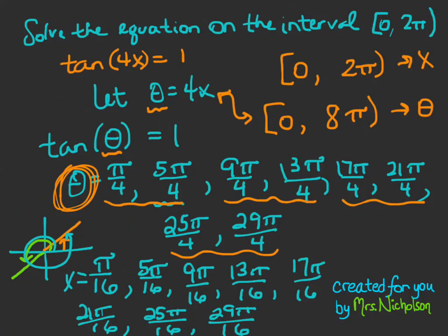So pretty crazy, a little bit different than the problems that we had done before, but that gets us all of our possible solutions. Let's look at one more example that would be like this one.